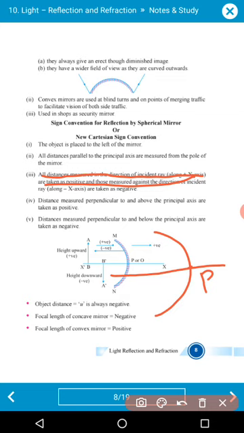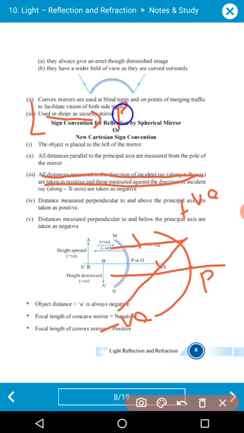The ray is coming toward the right side, so this distance is taken as positive, and distances against that direction are taken as negative. All rays moving from left to right are positive, and rays moving from right to left are negative.